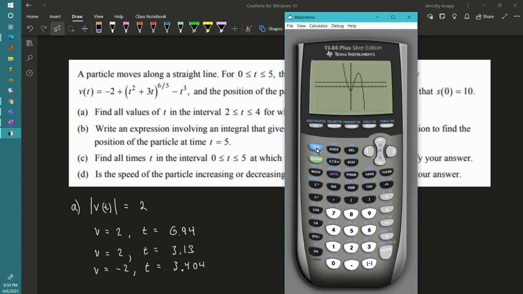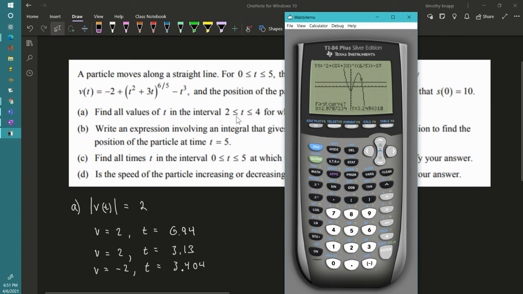And so what I'm going to do is hit second, calc, and choose intersect, which is the fifth option, okay? Then you want to move over to the intersection you're looking at. This one here looks to be below the value 2, because here's the 2 to 4.